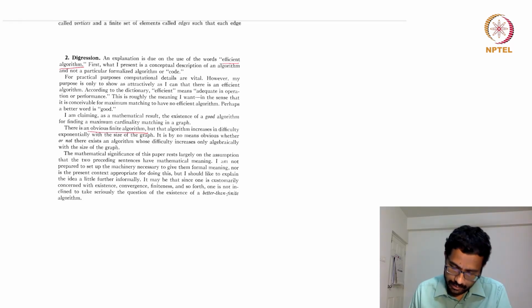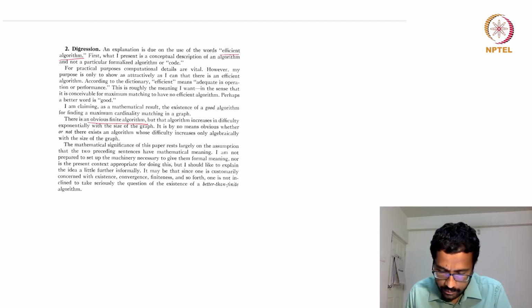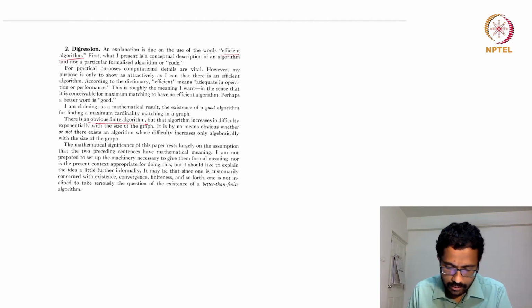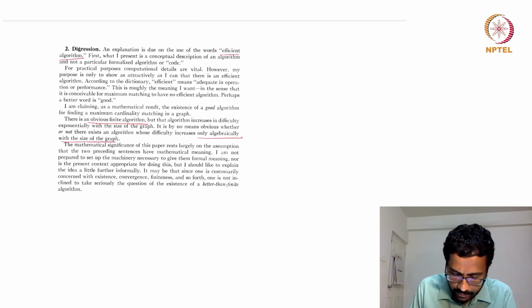And you can go through this entirely. He says the mathematical significance of this paper is largely on the assumption that these two preceding sentences are true. It is by no means obvious whether there exists an algorithm whose difficulty increases only algebraically with the size of the graph.